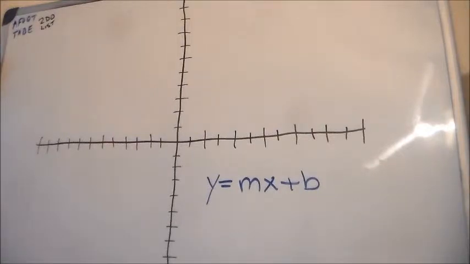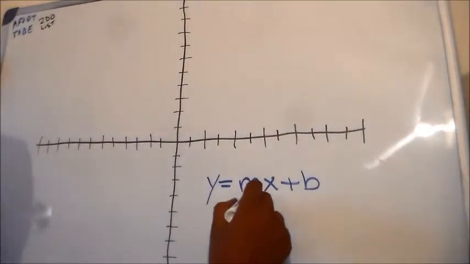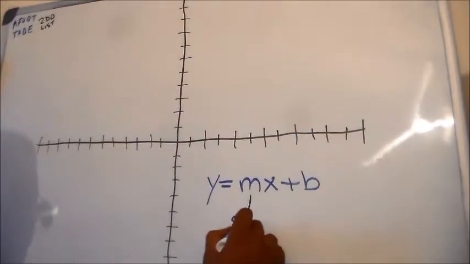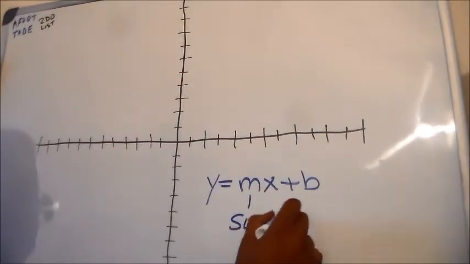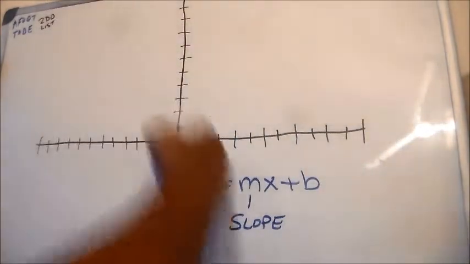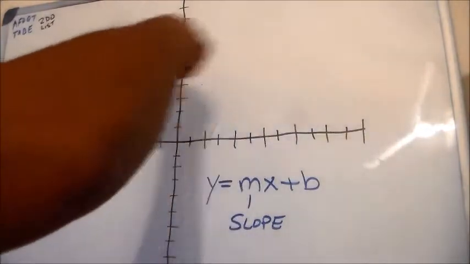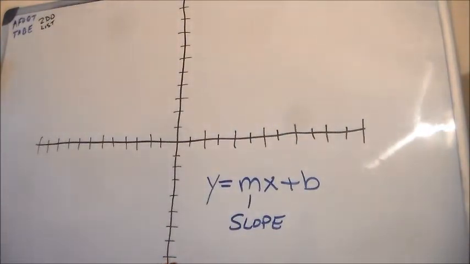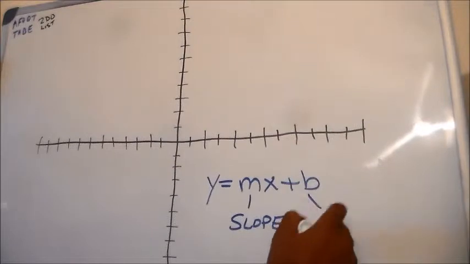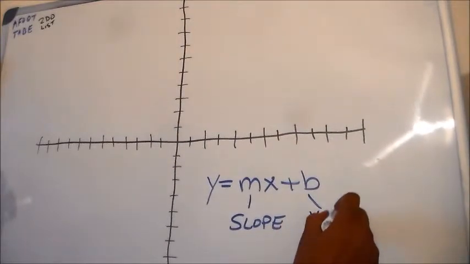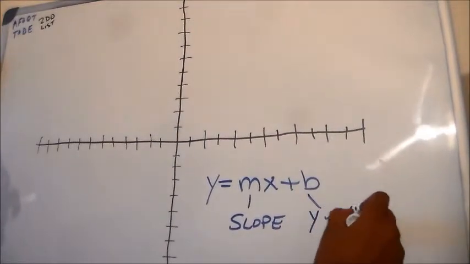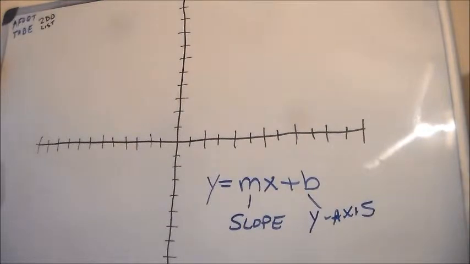Because when we simplify it like this, we get the slope-intercept form. We're going to have a slope, so we'll know what the line is doing, whether it's going up or coming down, positive slope or negative slope, and then we'll know exactly where it crosses on the y-axis. That's the whole point of breaking it down.